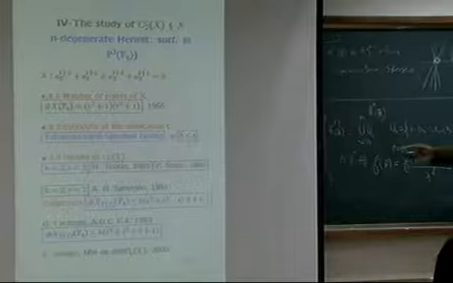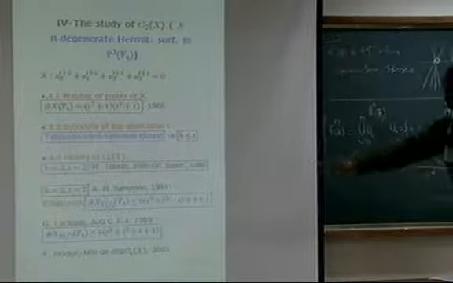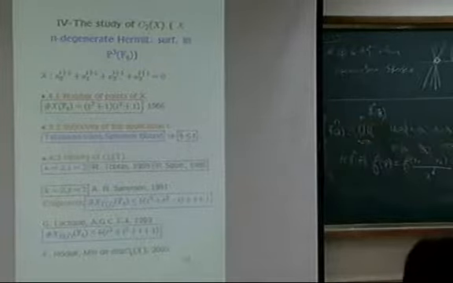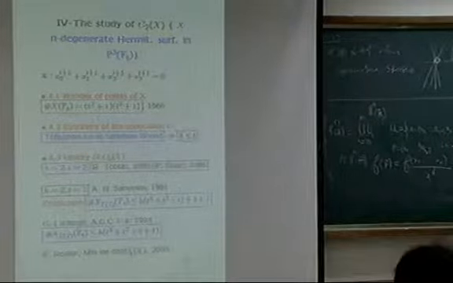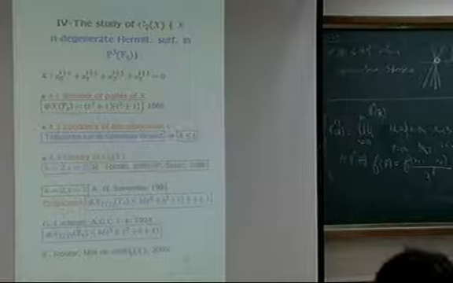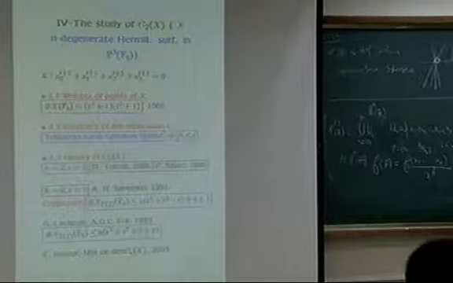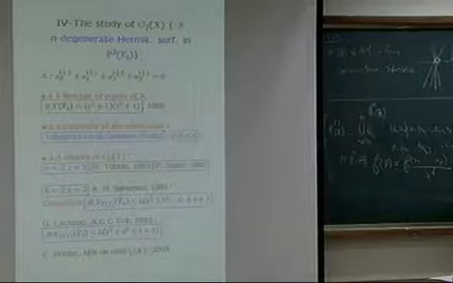When you use the result of Gilles Lachaud, you prove that in this case, the number of points is less than this. But unfortunately, the upper bound of Gilles Lachaud is larger than this. So now I want to prove this conjecture in the case of quadrics by using the projective classification of quadrics.